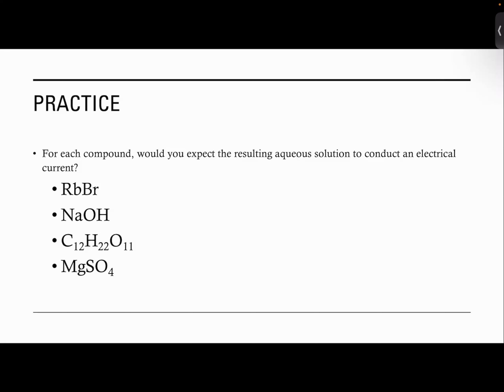So, rubidium bromide. We would expect rubidium bromide to dissociate to form rubidium ion and bromide ion in solution. The reason we would expect rubidium bromide to break apart into rubidium ion and bromide ion is because of Rule 3 of the solubility rules.